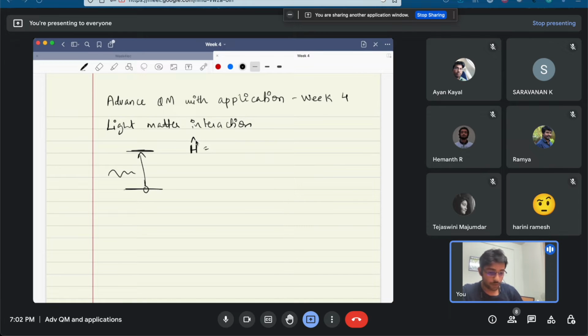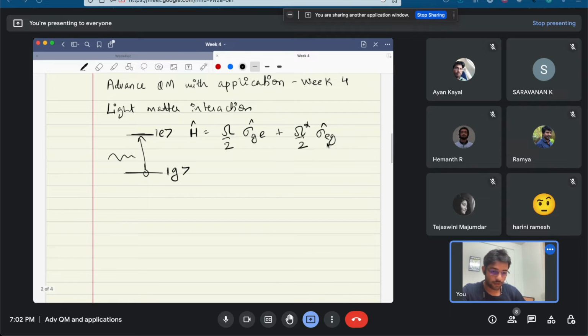Okay, so the Hamiltonian precisely looks like this, let's say these are two states, G and E. The Hamiltonian is something like this, with sigma EG. If you write it in the form of a matrix, it is essentially like this. Let's say omega is a real quantity, so for now omega star equals omega.